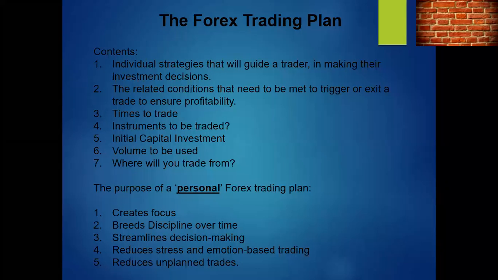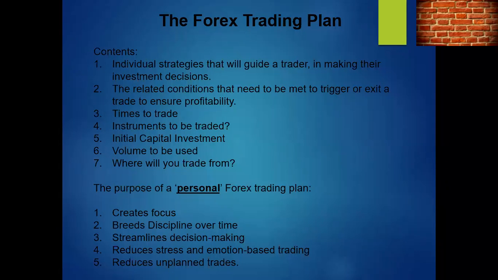Your initial investment, your volume to be used. So this is something that will change over time. Remember we said that if you start with $100, you trade 10 cents per pip move until you have $250. Then you can now start trading 20 cents per pip move.